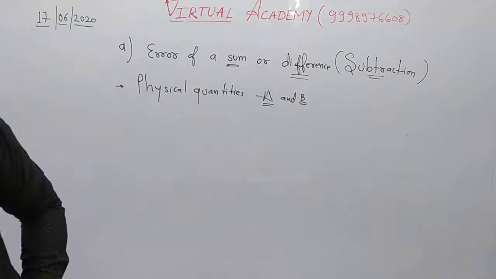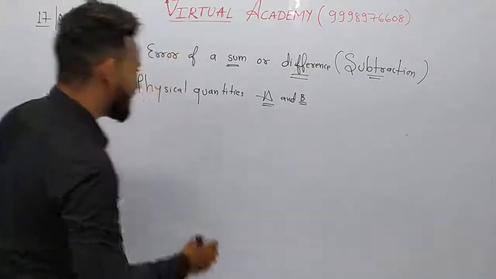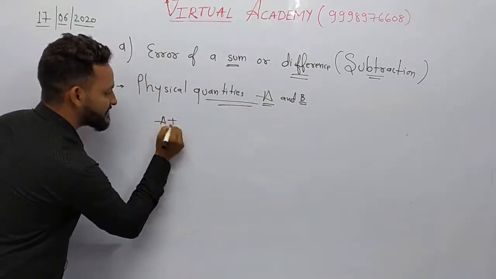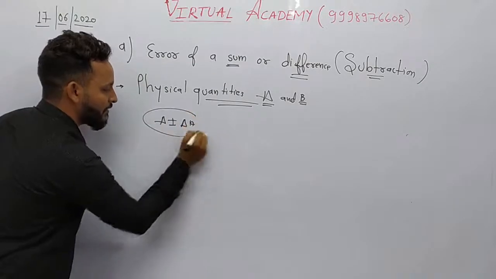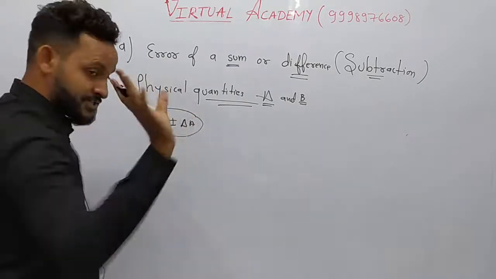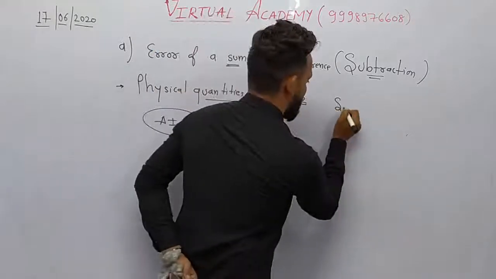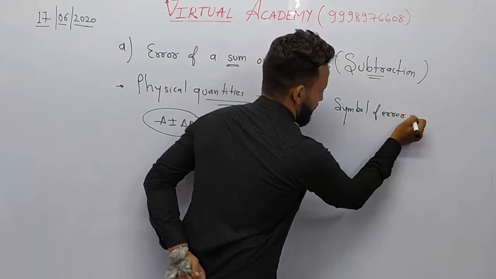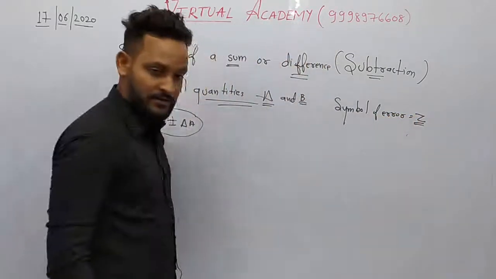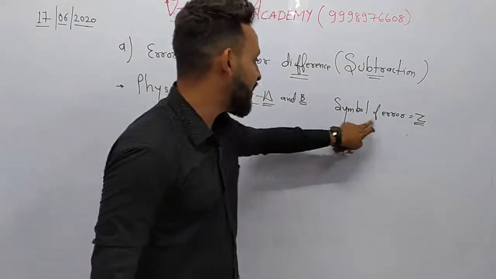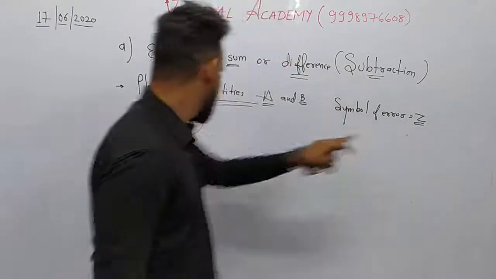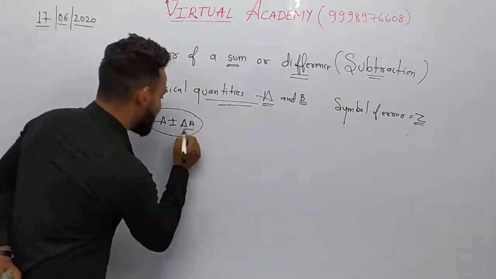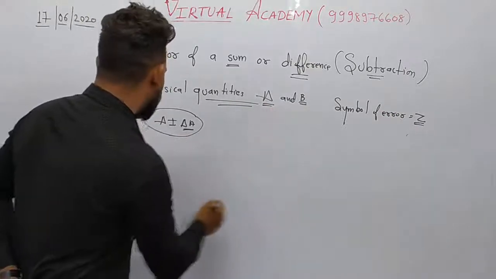So basically before starting that, suppose the measured value for physical quantity A is A plus and minus delta A. Now just remember the symbol for error. Clear? In this topic we are using the symbol of error, that is capital Z. Now suppose this is the measurement of physical quantity A, with delta A. Now for B, what is the measurement?